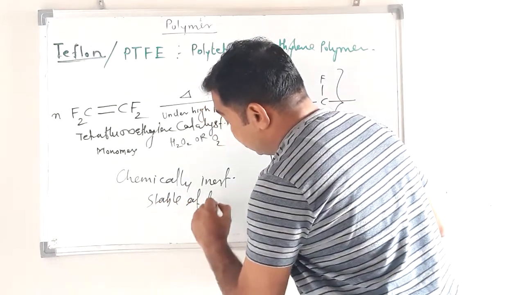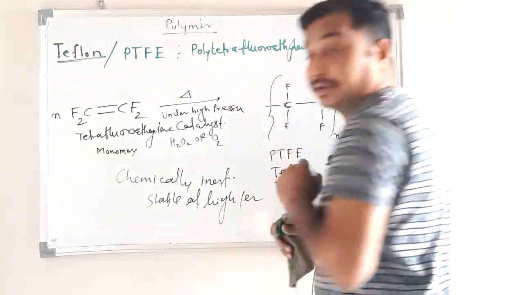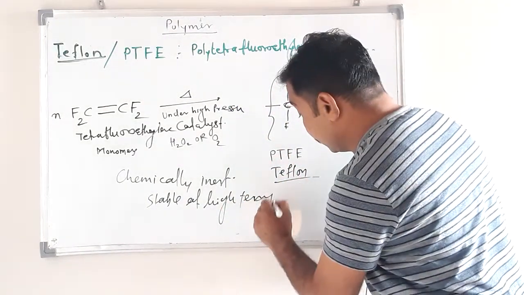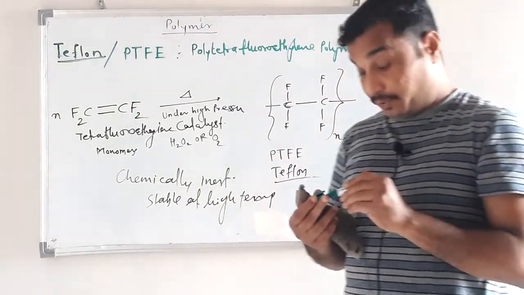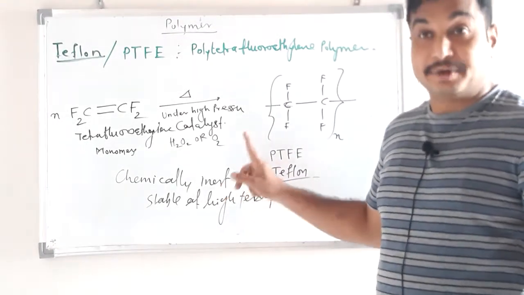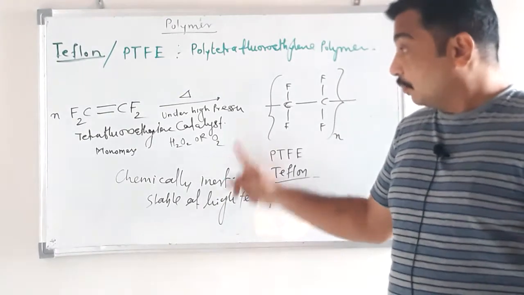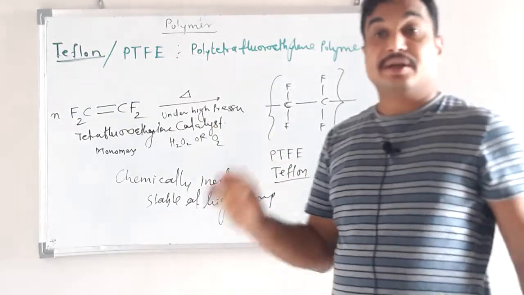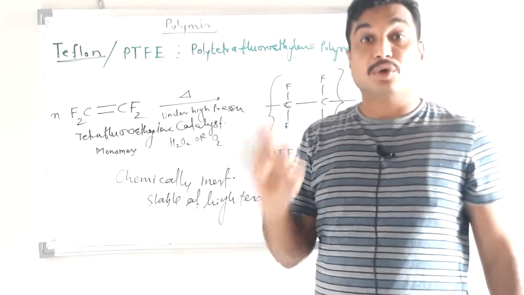That's why it is used as a coating material. We know the main use of this Teflon: Teflon is a coating material.